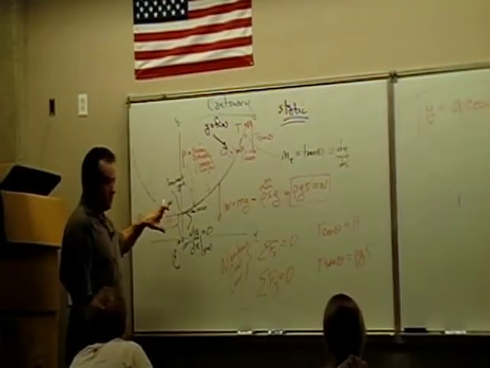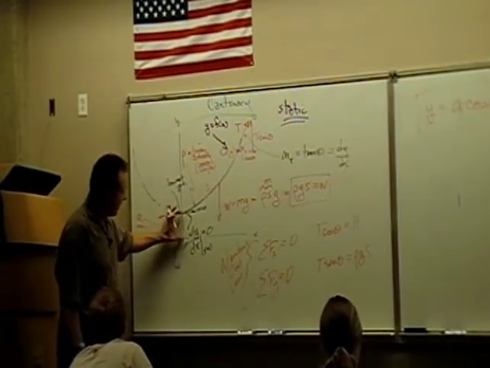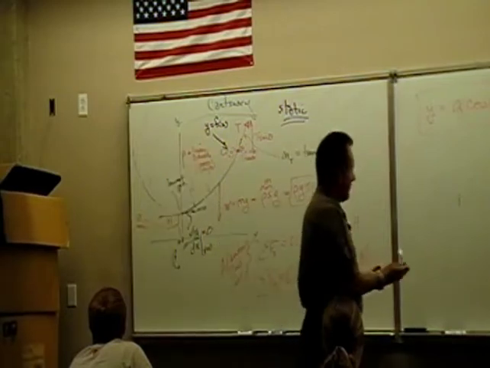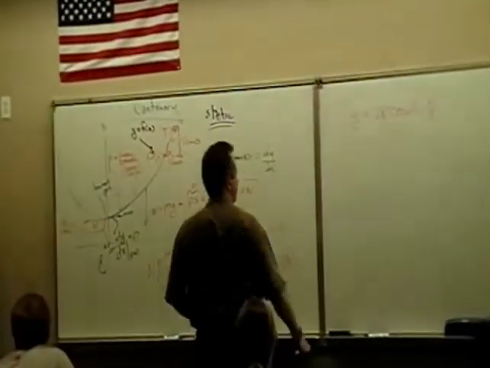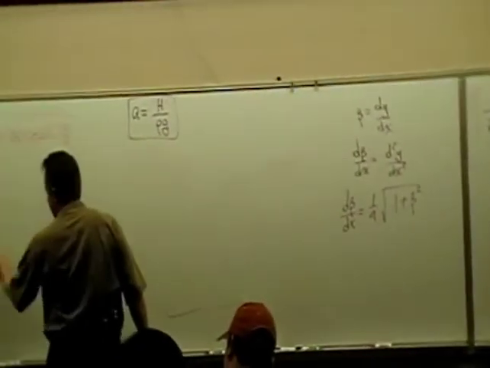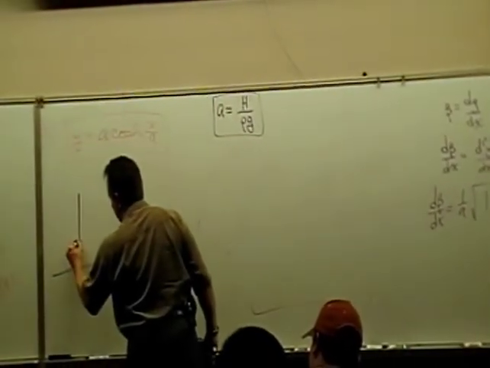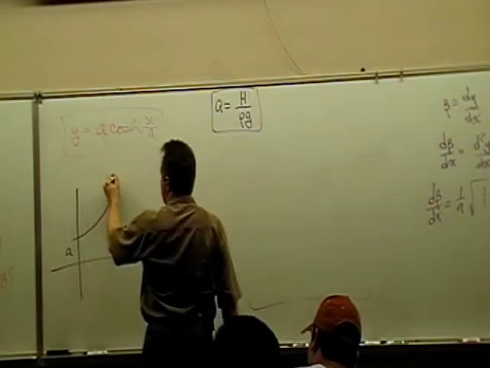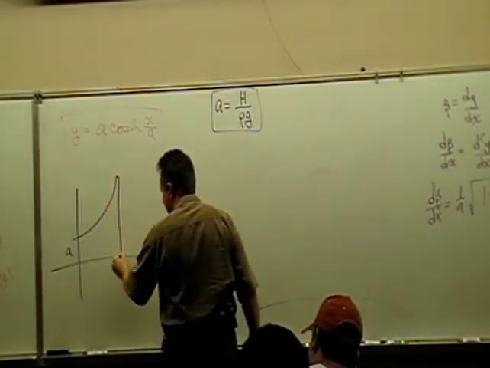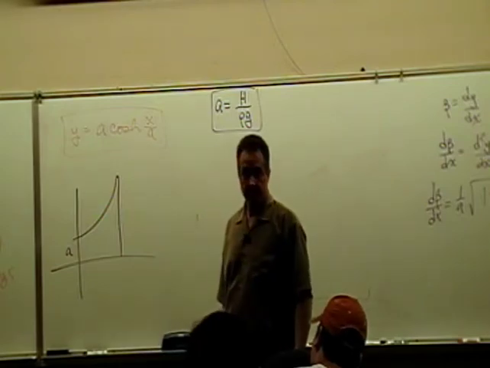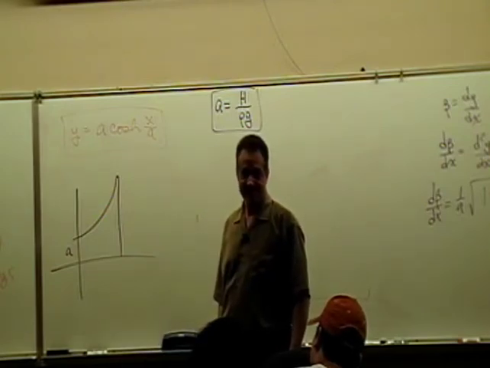Now something magical happens at this height. If I had my cable that far off the ground, watch what happens. Let's say I take this cable and I'm A units above the ground at the lowest point, and there's a pulley here, and I run this cable and let the cable touch the ground. All right?